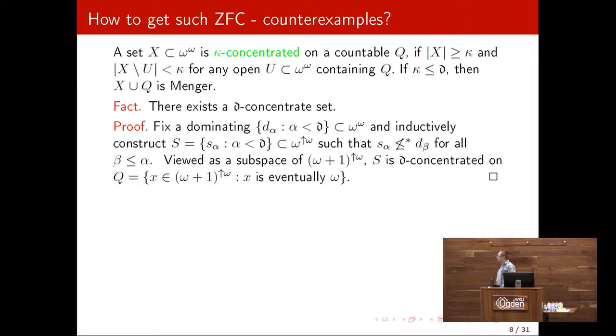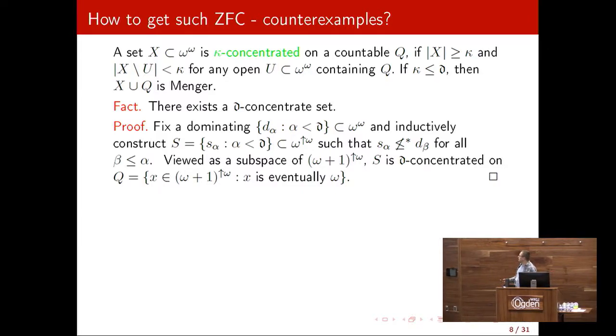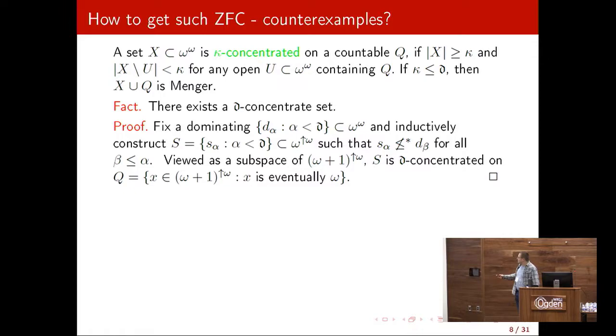And if you view it as a subspace, now here you put omega into omega plus 1 and view it with the ordinal topology, so it becomes a convergent sequence with omega being the only non-isolated point. And if you look in this space at all non-decreasing sequences, it becomes just a topological copy of the Cantor set.